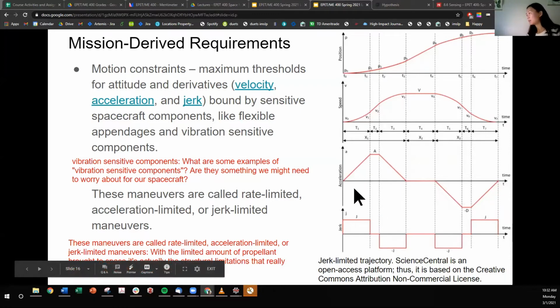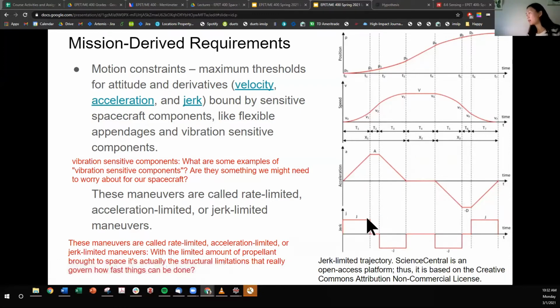So in T1, we have capital J amount of jerk, which you can think of, intuitively, as the physical snapping of motion. So I hope that attitude, rate, and acceleration are intuitive to you.